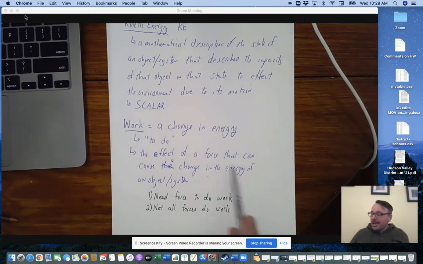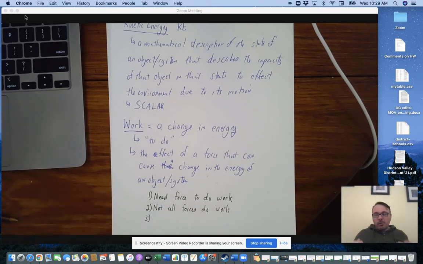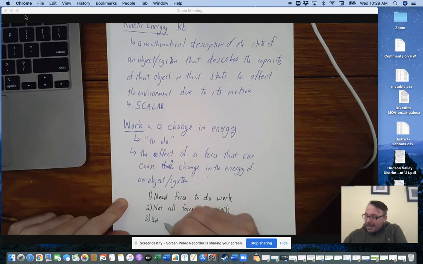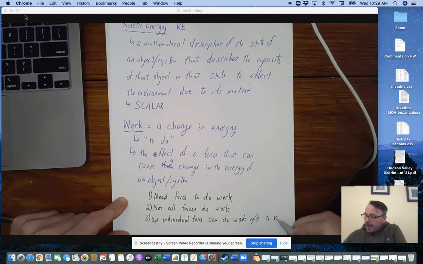Well, there it is, that can cause, right? And the third thing, this is going to be a little bit more subtle, and we'll get to this, an individual force can do work without a net change in the energy of the system.